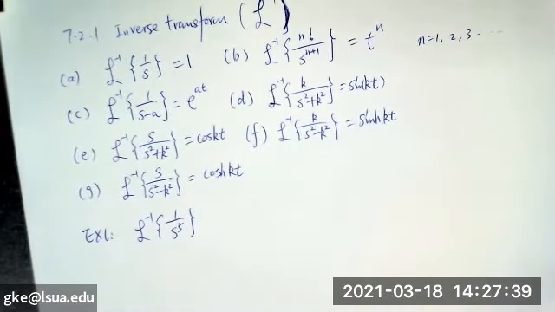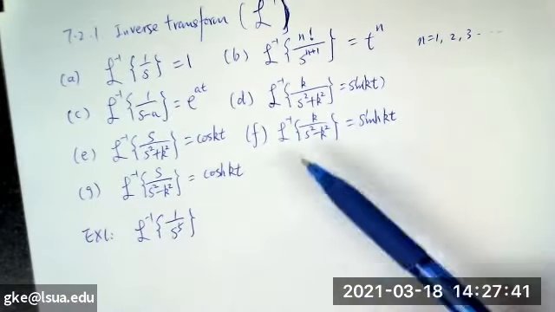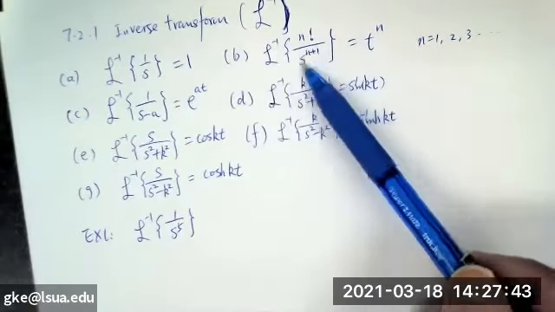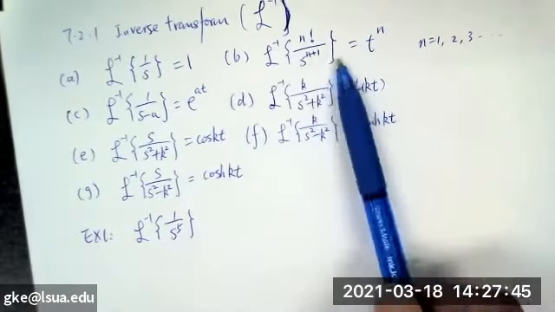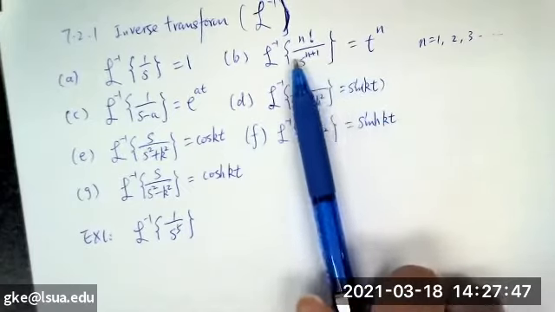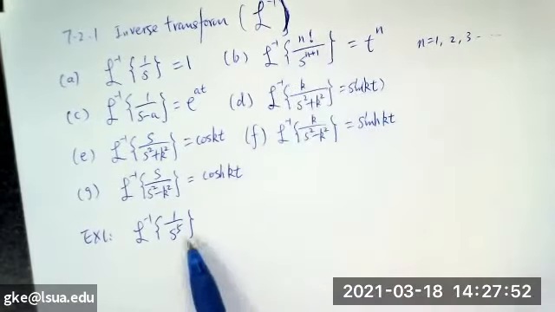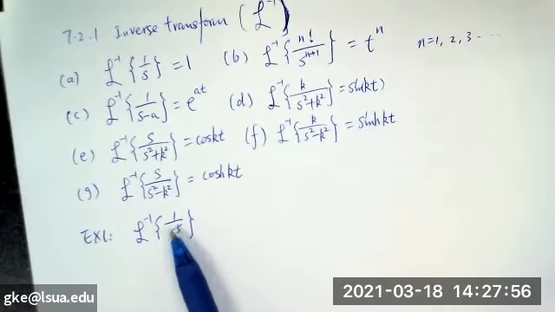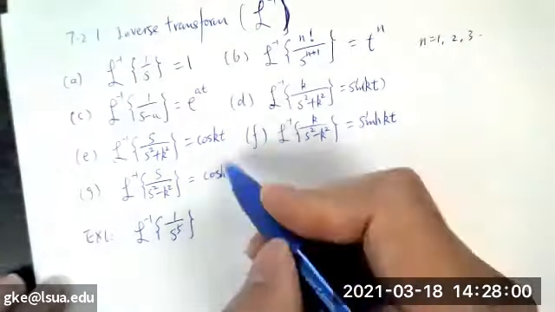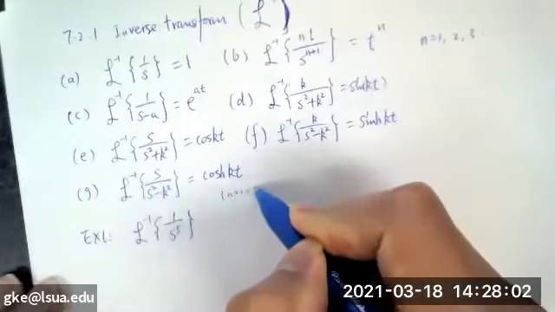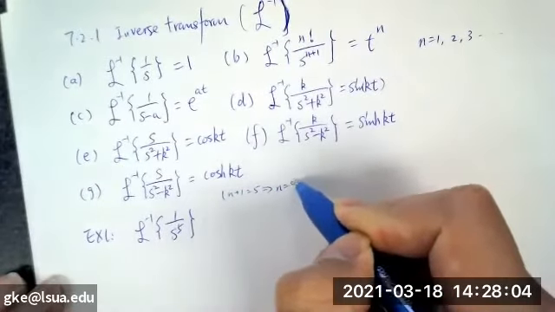How to transform it? Now, the key part of this formula is that we need to find the n. What is n? n plus 1 equals 5, right? So n equals 4. Because n plus 1 equals 5, you're going to get n equals 4.